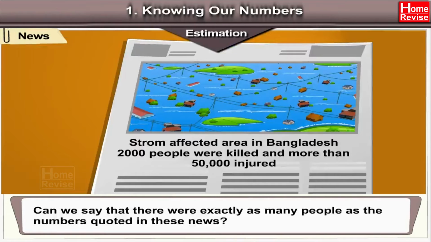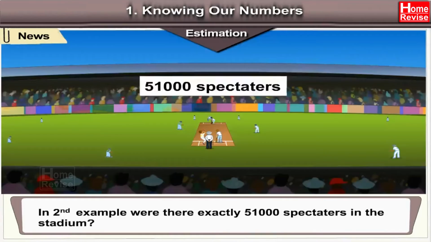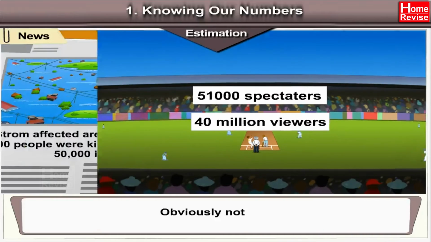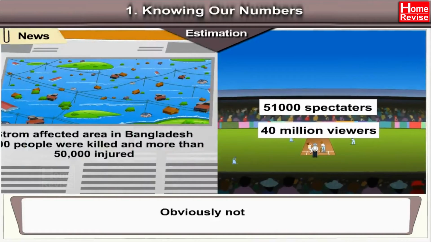Can we say that there were exactly as many people as the number quoted in these news? In second example, were there exactly 51,000 spectators in the stadium? Or did exactly 40 million viewers watch the match on television? Obviously not.